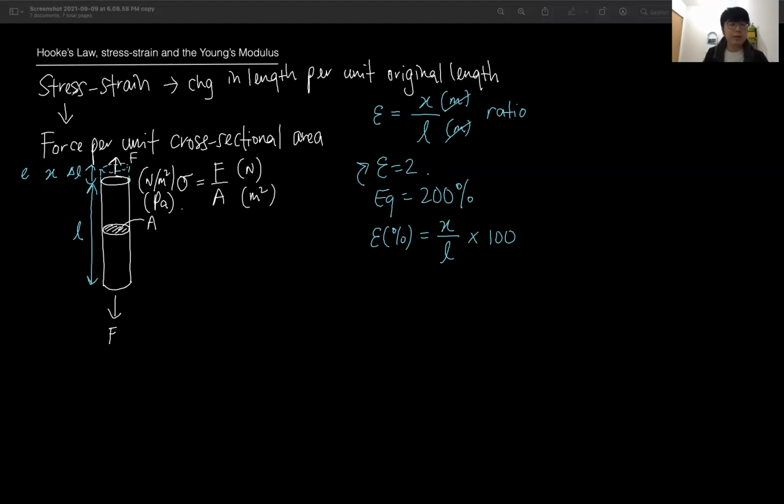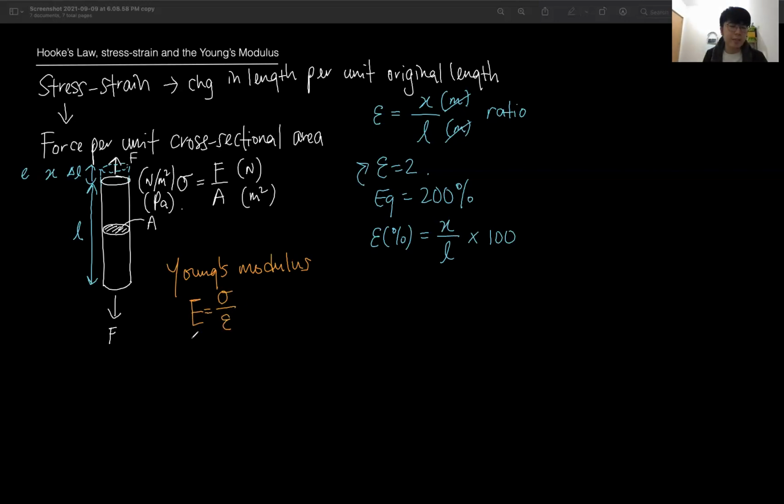Okay, so we know now what is stress and what is strain. Now we come to Young's modulus. What is Young's modulus? Young's modulus is a ratio of stress to strain.